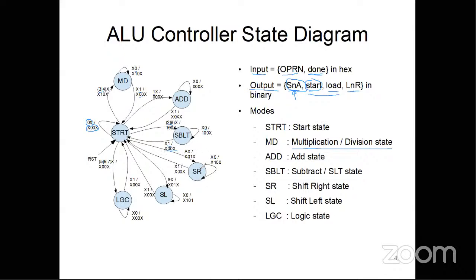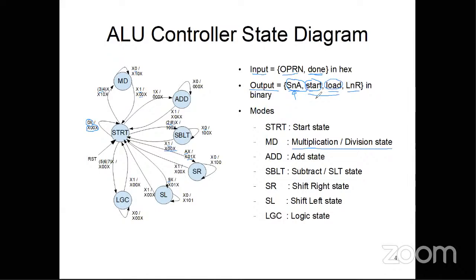So we have something similar for the shift right. What is important here is that when it goes into the shift right or shift left, depending on the operation code coming to the ALU, it keeps the start signal at 0, but turns on the load signal.